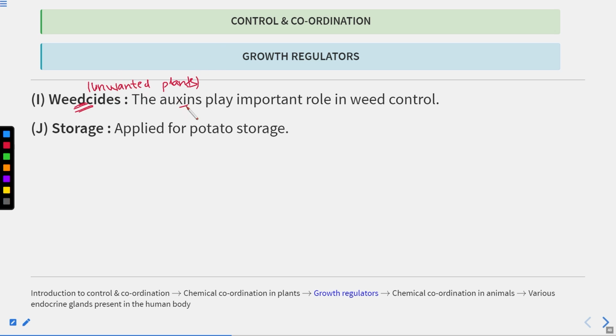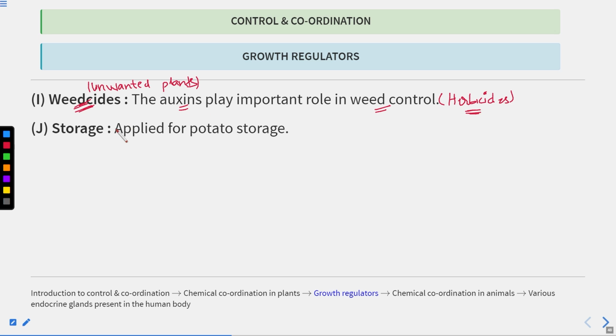Auxins play an important role in weed control because they act as weedicides, or herbicides. Herbicide means they kill the herbs or weeds. Weeds are usually herbs, so they are also known as herbicides.